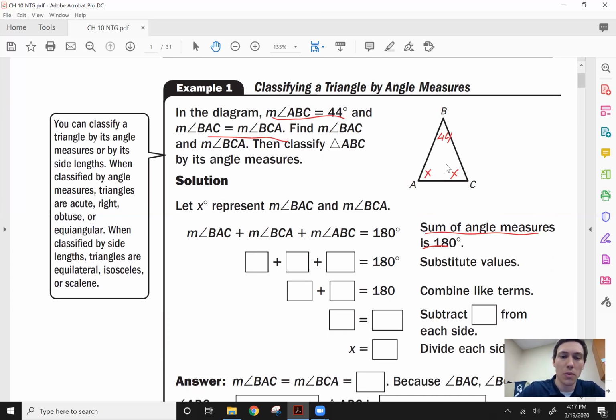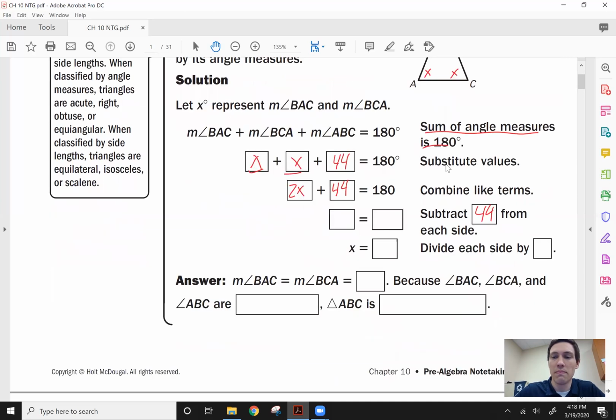That's just a true statement about every triangle. So when we add these all up, we go x plus x plus 44 equals 180. So combine like terms. So x plus x is 2x plus 44. And then now I got to subtract 44 from both sides.